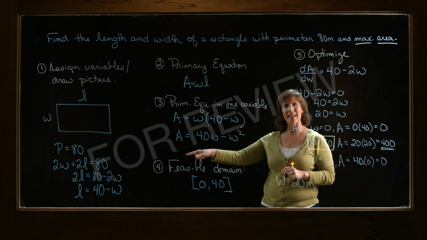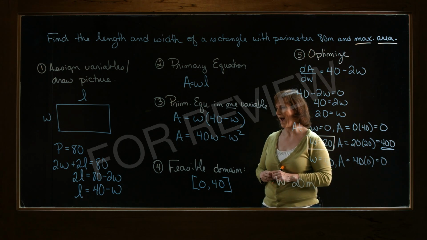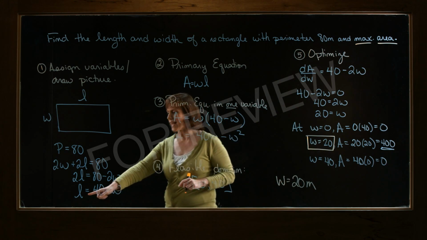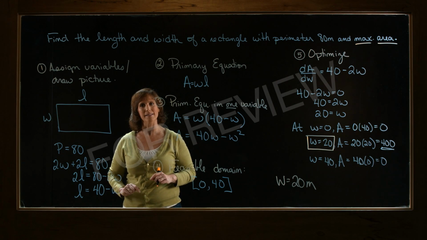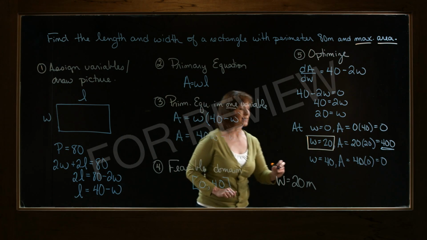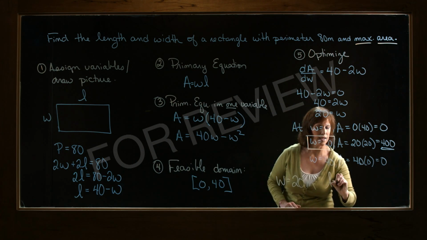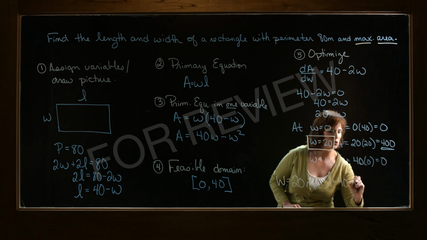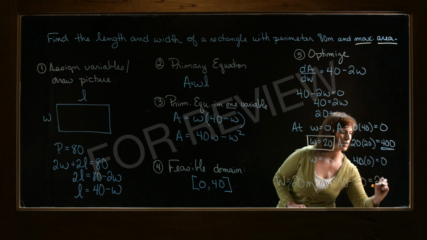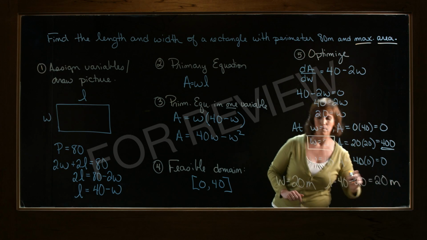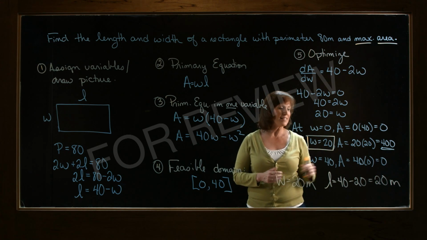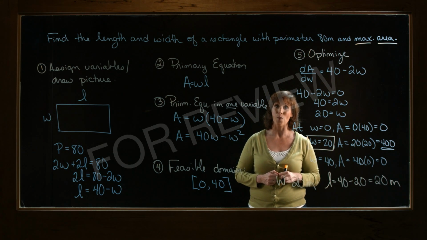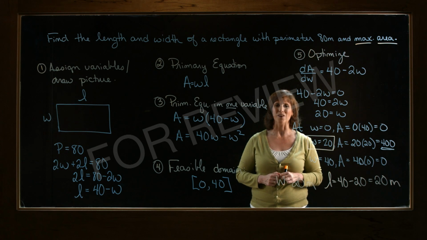If we go back to that useful secondary equation, we can find that the length is always going to be 40 minus the width. So the length is 40 minus 20, or 20 meters. In this case, it turned out that a rectangle was really a square. I hope this was helpful. Thanks.